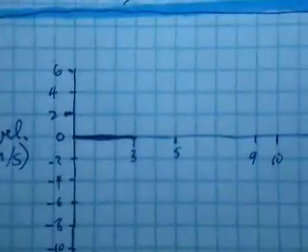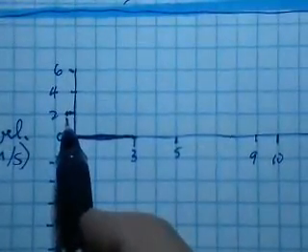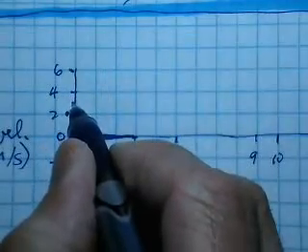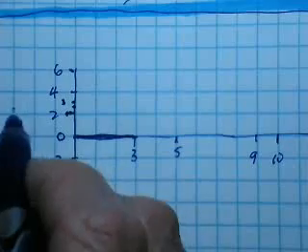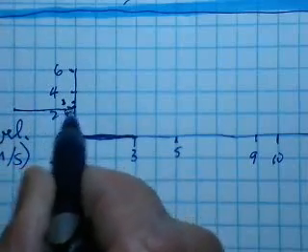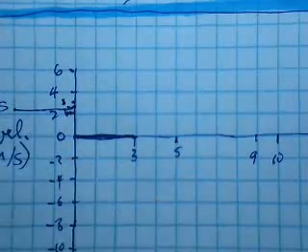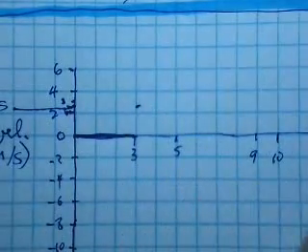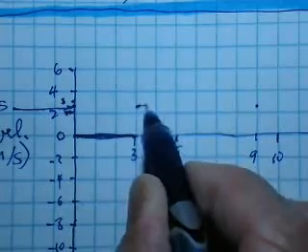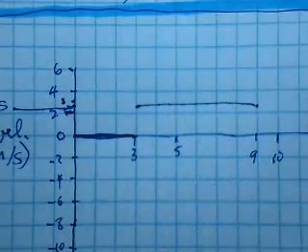If that's 2 meters per second, and that's 4, 3 would be right in between, and 2.5 would be right in between that. So right about there would be 2.5 meters per second, and my speed for the next 6 seconds is steady. And that was the line that was red before.